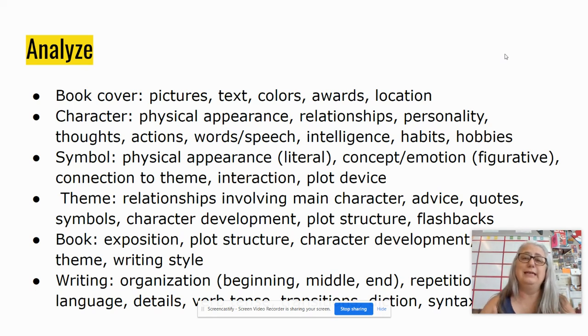Once you understand how to analyze a book cover, you can analyze all kinds of things. If you're having problems with your engine in your car, you can take apart in your mind all those different parts of the engine to try to figure out where the problem is.